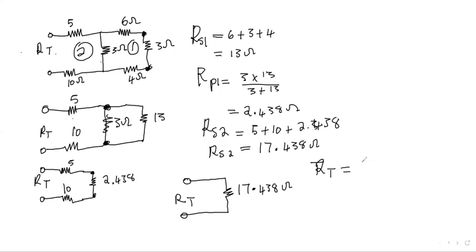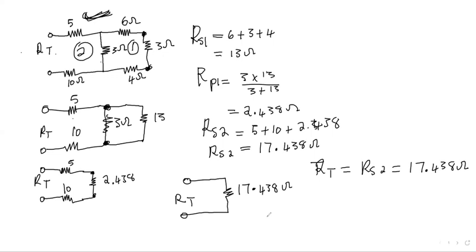RT is going to be equal to RS2, which is equal to 17.438 ohm. Why? It's because it's a circuit reduction. You do circuit reduction until you are left with only one resistor, and that resistor will be your R total. So 17.438 is my R total of the original circuit diagram. The total resistance of the circuit is 17.438 ohm.